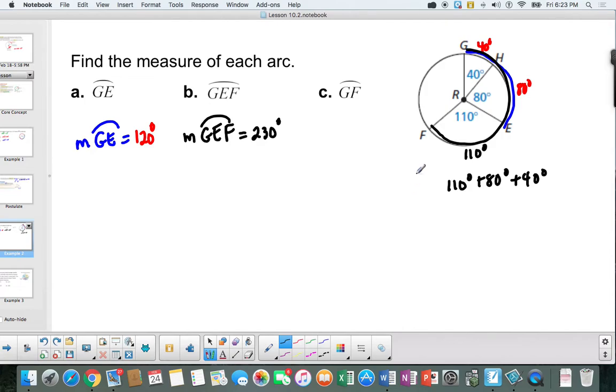Now we want to find the measure of arc GF. Since this amounts to 230 degrees, then the leftover right here is going to be 130 degrees to get the 360 out of that, and this answer will be 130 degrees.